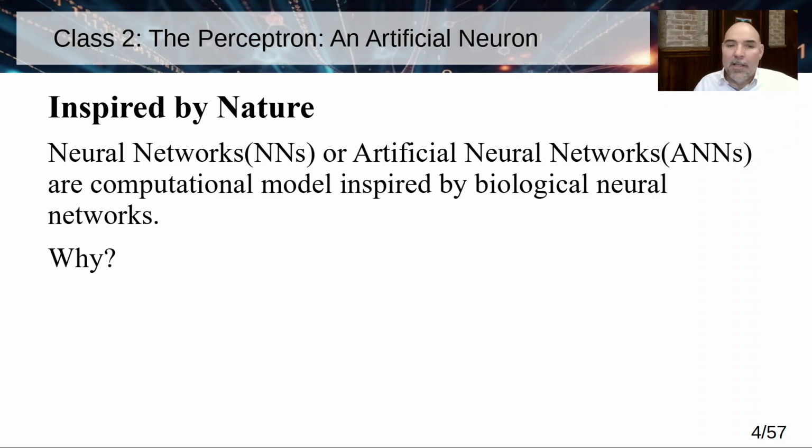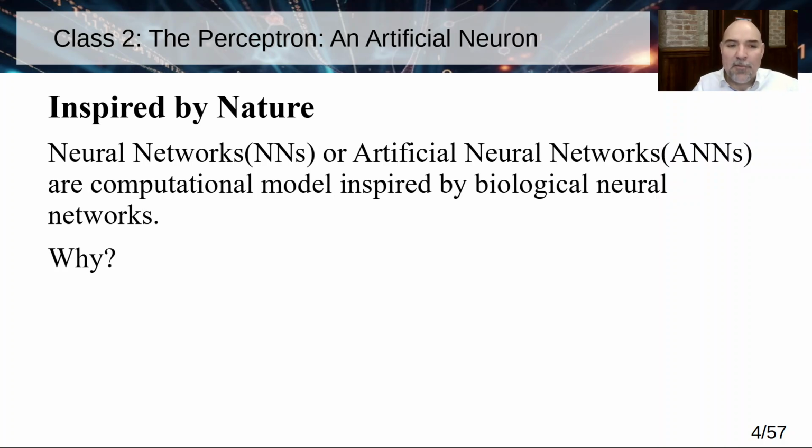So the question here is why? Why would we want to make a computer work like a biological system? And again, remember, this is an artificial intelligence class. So the idea was, well, we know that biological systems have been very successful in a lot of different ways. So rather than trying to reinvent the wheel, that is something that has proven successful, so let's maybe copy that and see what happens.